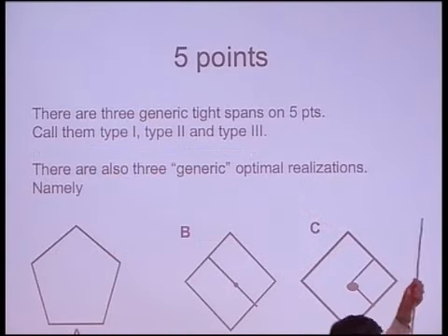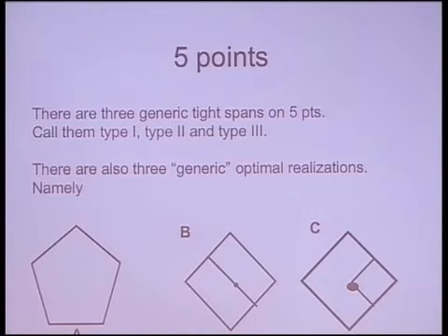But for 5 points, there are 3 generic tight spans on 5 points. We call them type 1, type 2, and type 3. But there are also 3 generic optimalizations on 5 points, namely this kind of optimalization, this kind of optimalization, and this kind of optimalization.